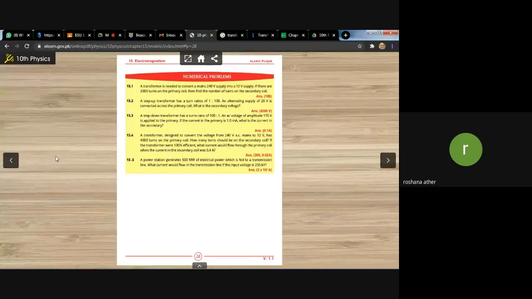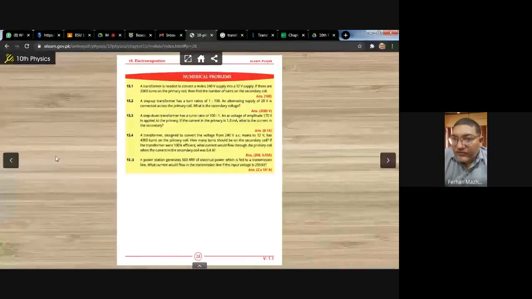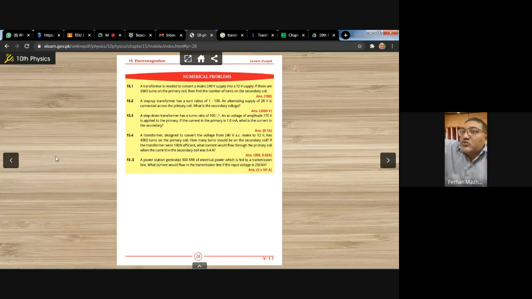Yes, sir. Okay. So a step-down transformer has a turn ratio of 100 ratio 1. An alternating voltage of amplitude 170 volt is applied to the primary. So the VP value is 170 volt.